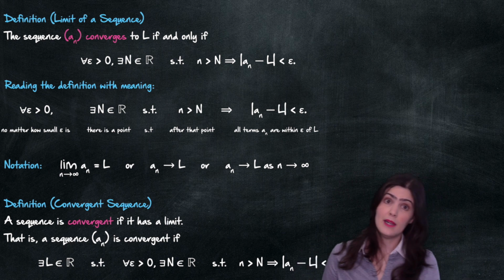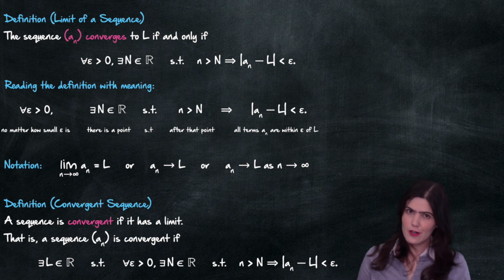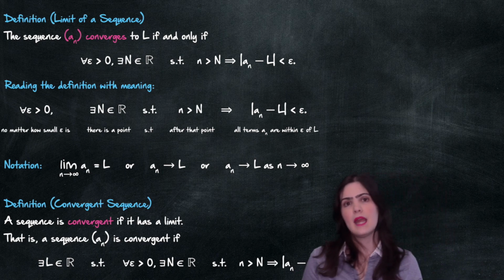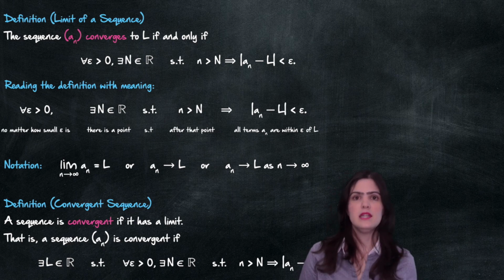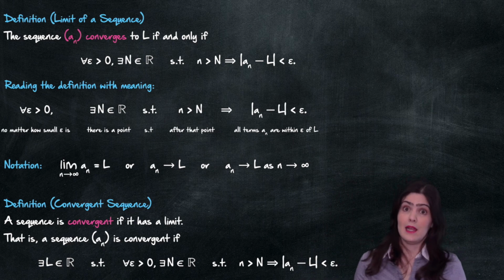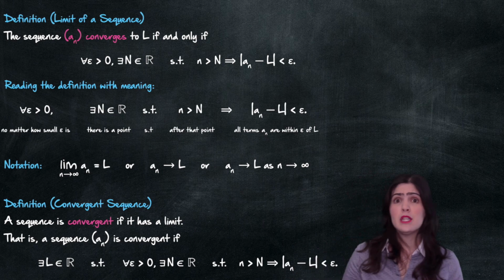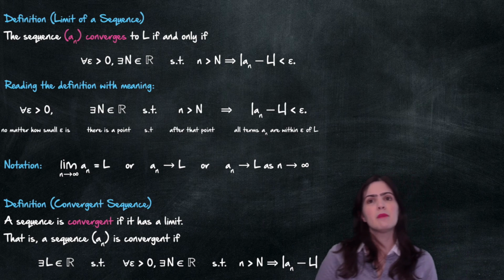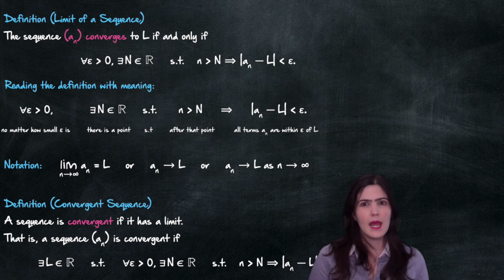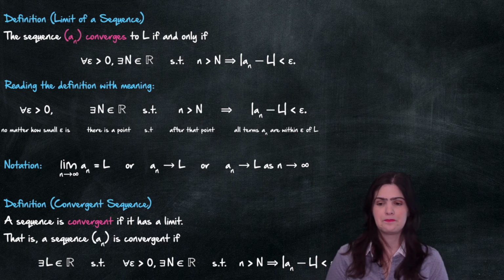So there exists a real number L such that for every epsilon positive there exists an N such that if n is greater than N, then the distance between an and L is less than epsilon. And if you see here, there are lots of quantifiers, there's lots of things going on. So try to sit down and think about the order, what they mean, and how we can interpret it carefully.